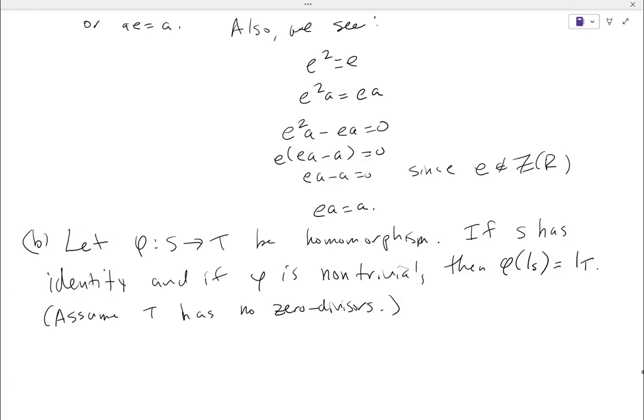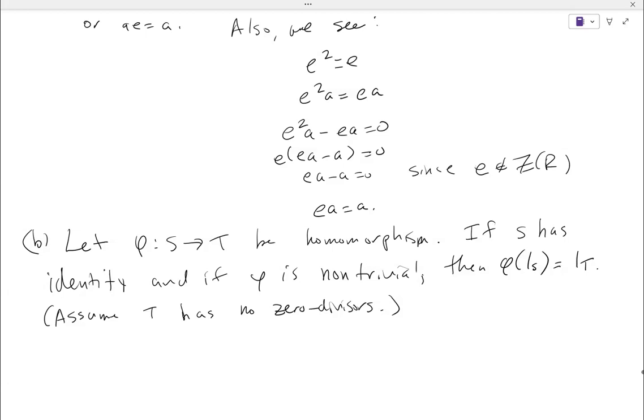The previous part said that if we have a non-trivial idempotent that's not a zero divisor, then it has to be the identity of the ring. That was what we just proved.